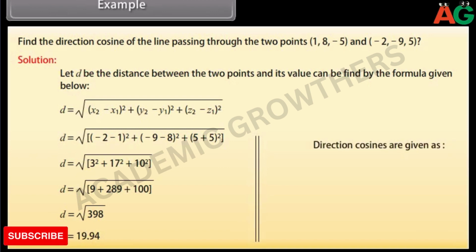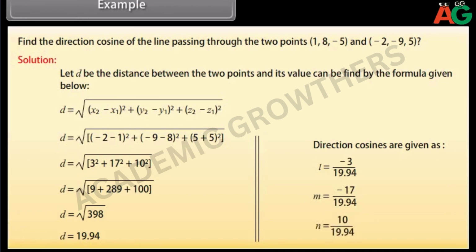Direction cosines are given as l equals minus 3 by 19.94, m equals minus 17 by 19.94, n equals 10 by 19.94.